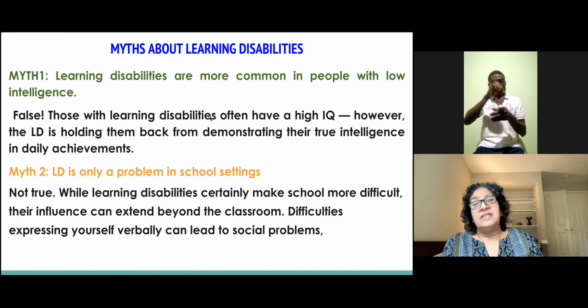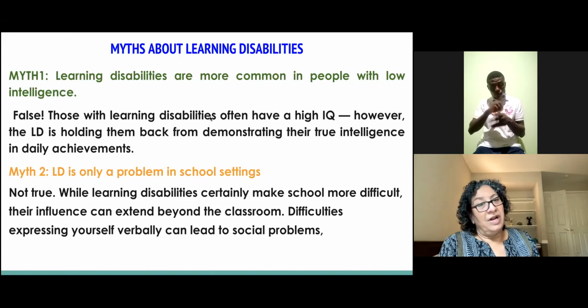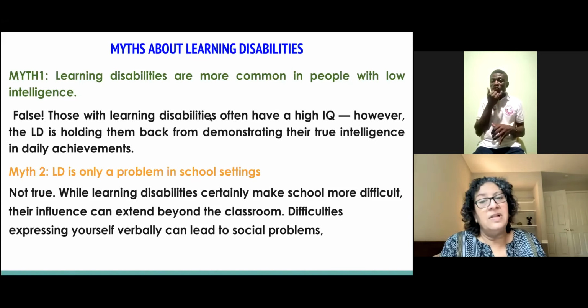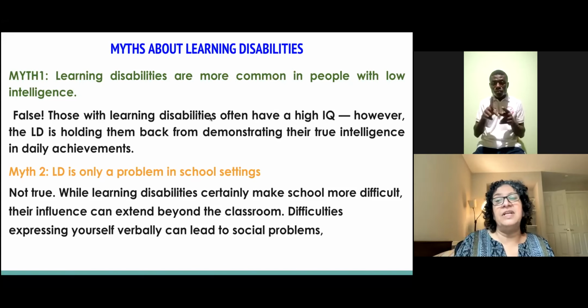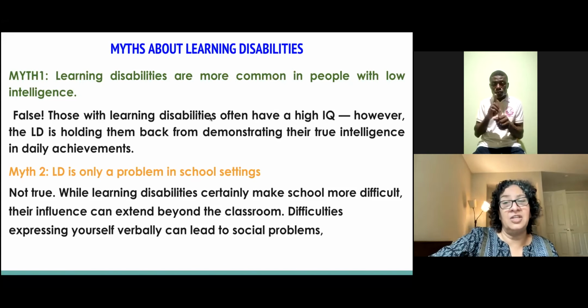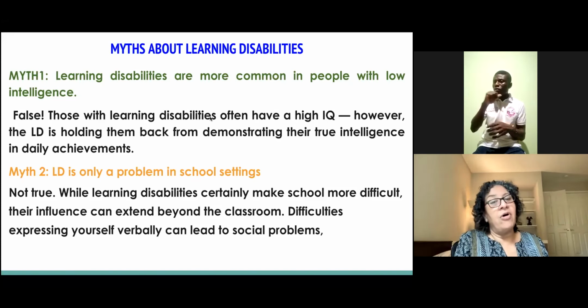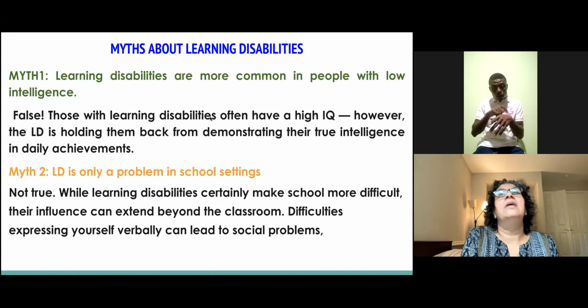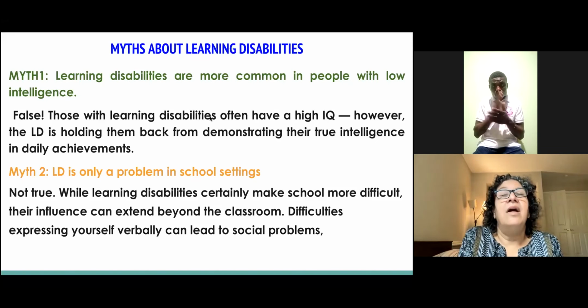Learning disabilities are more common in people with low intelligence. This is completely wrong. The children with learning disabilities often have a higher intellectual capacity, and some have higher order cognitive skills.